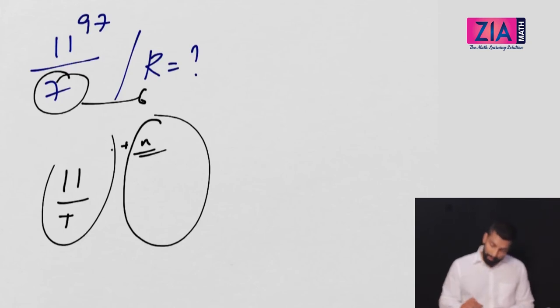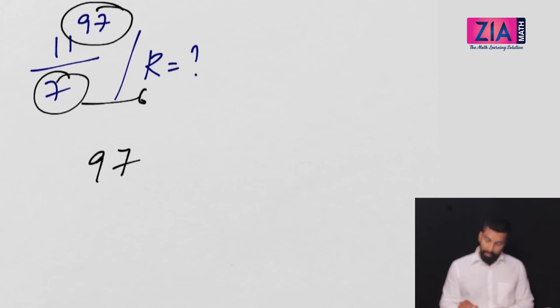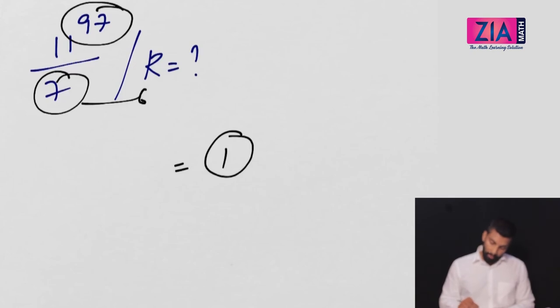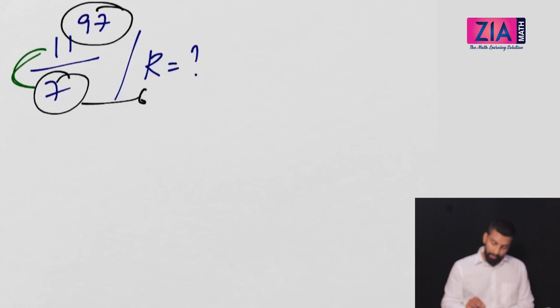So how will you do that? Take the power 97 and divide it by the Euler's number of 7, that is 6. You will get remainder 1, and we are going to use this to solve the question. You can do this question in 2 steps. Step 1: take these two numbers, 11 by 7, and write the remainder.